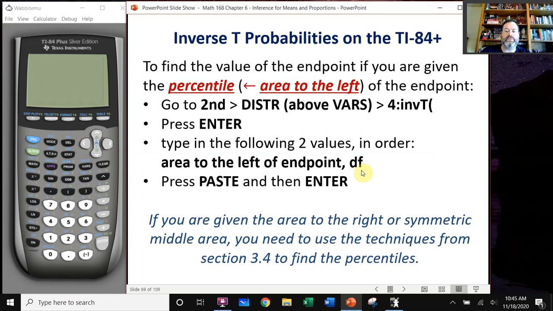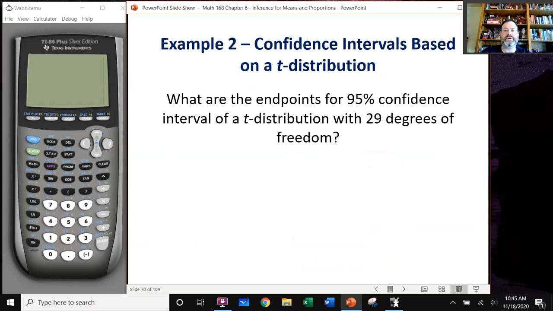The mean is always 0 for the t-distribution. And you just put in the df value instead, because computing the standard deviation from a t-distribution is not very fun, so we don't do it. Instead, we just type in the df. So you just put in the area to the left of your endpoint, like you did for the inverse normal, and put in the df. And we'll see how to do that. We'll get into some examples here in a sec.